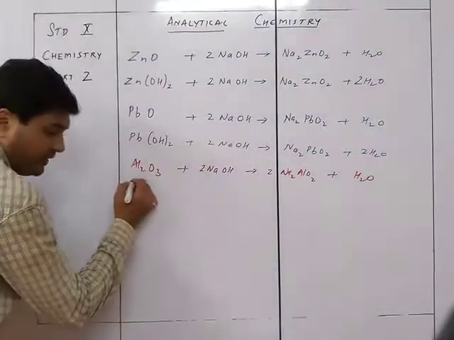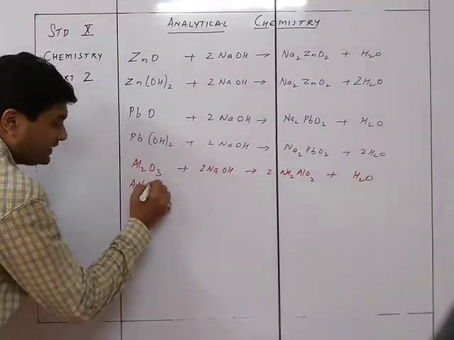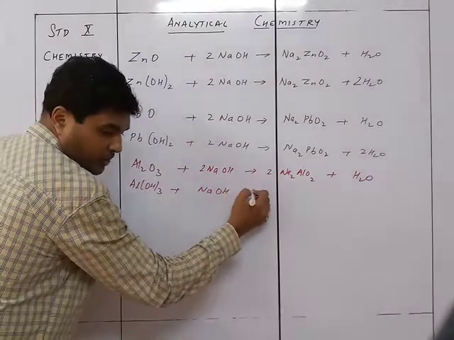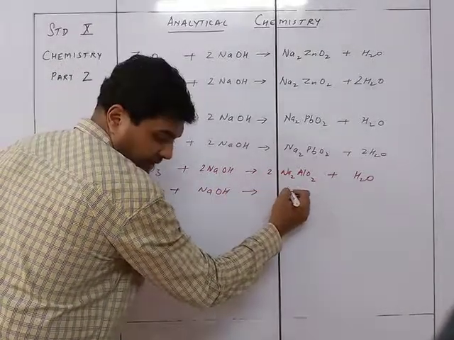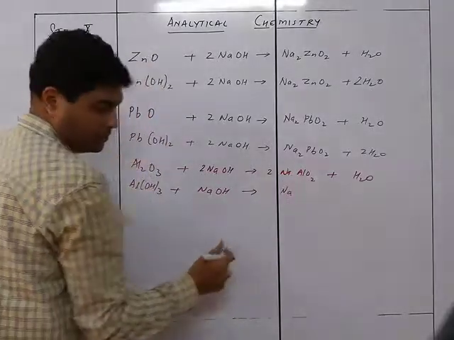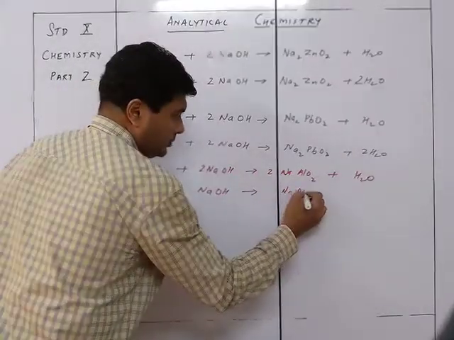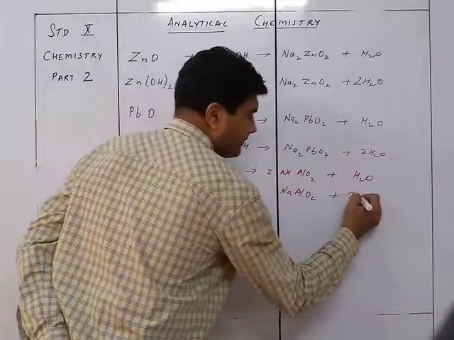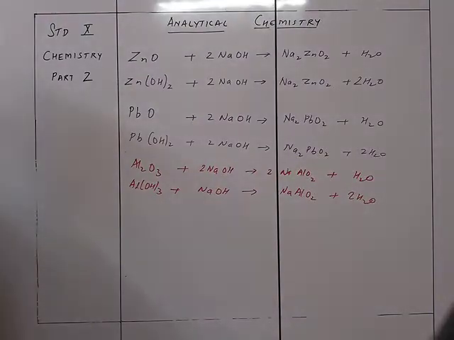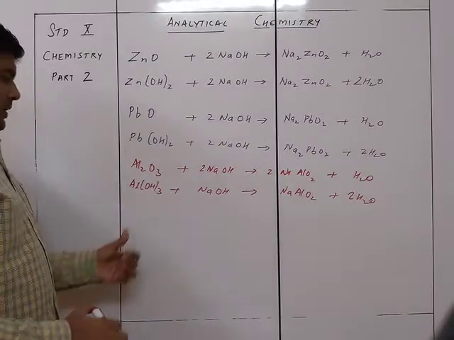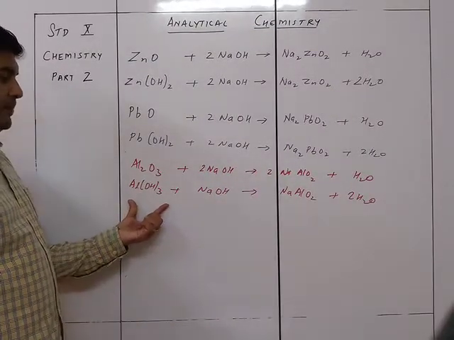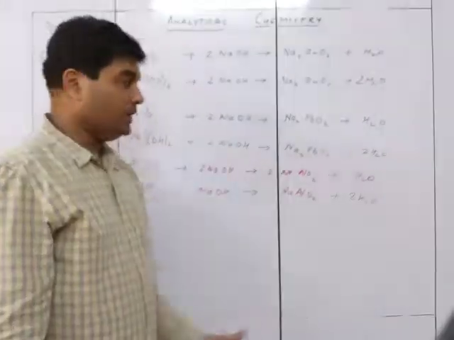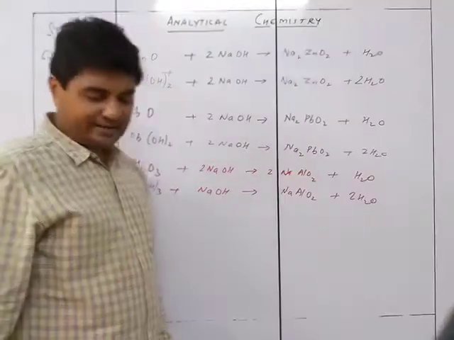And the same way, Al(OH)3 plus NaOH gives NaAlO2 plus 2H2O. Exactly the same thing again. Amphoteric hydroxide plus base gives you salt plus water.